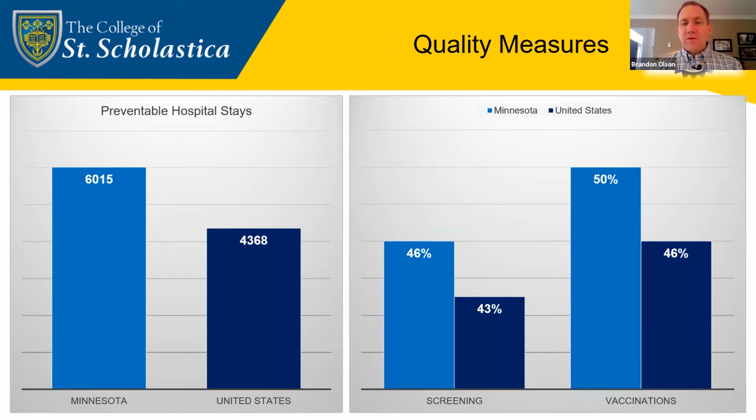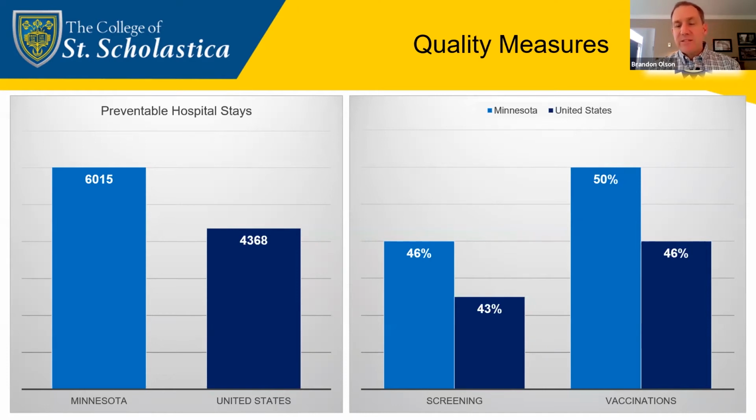Now, another quality measure is screening. Screening here represents the female population ages 65 to 74 that receive annual mammogram screenings. In the state of Minnesota, we're seeing 46% of that population is getting annually screened, whereas 43% of the US population is getting screened.